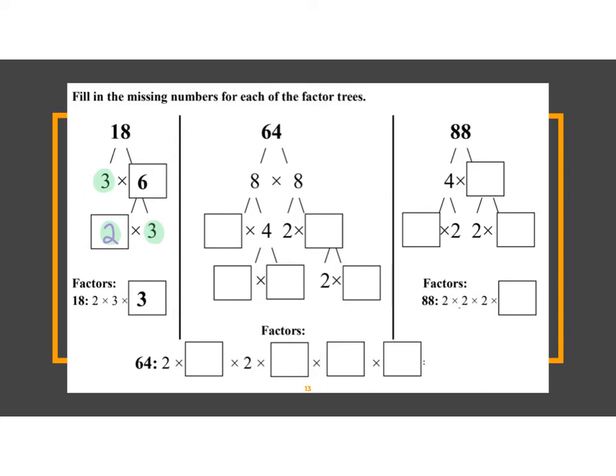If we break apart 64, we can multiply 8 times 8. Both 8 and the other 8 are composite numbers, so they need to be broken apart even further. We can multiply 2 times 4 and 2 times 4 to break apart 8. Both 2's are prime numbers, so we can circle those.